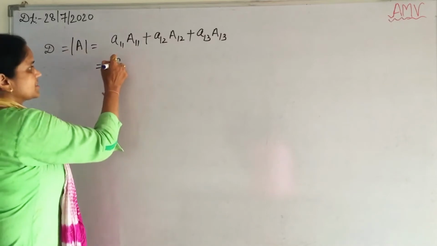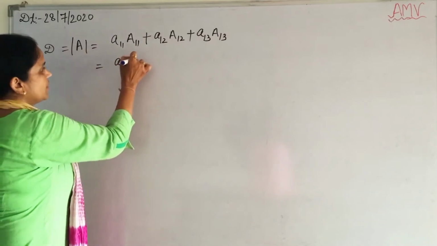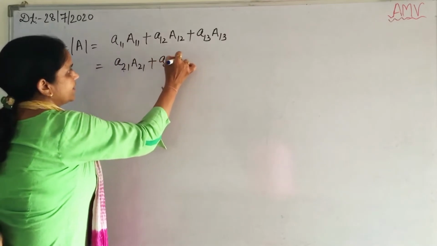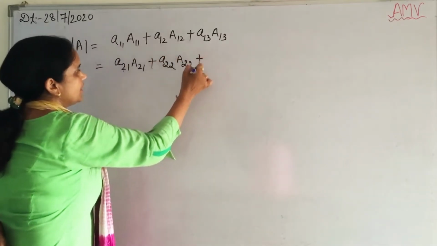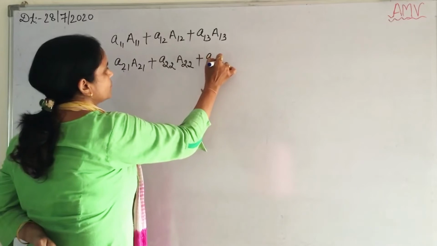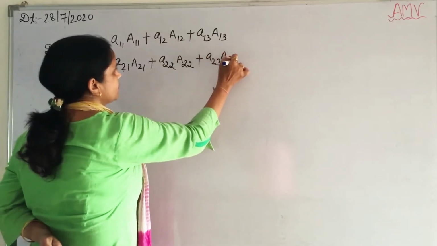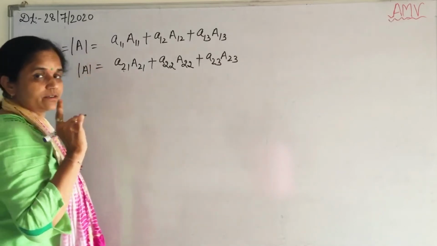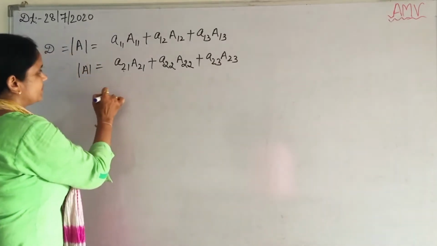And the same for the second row: a21 with A21, a22 with A22, and a23 multiplied with A23. It is also equal to the value of the determinant.